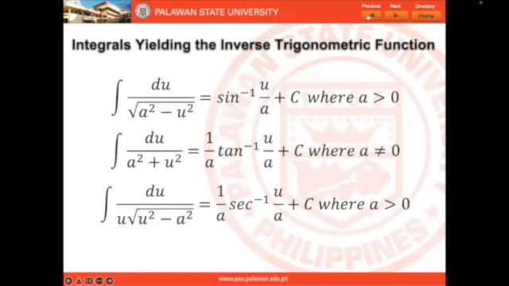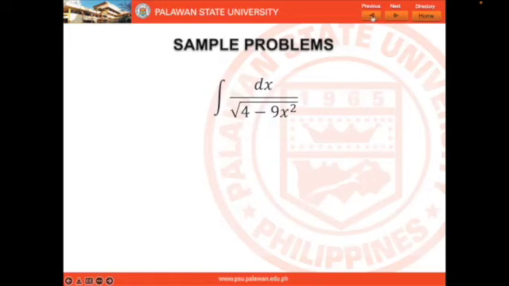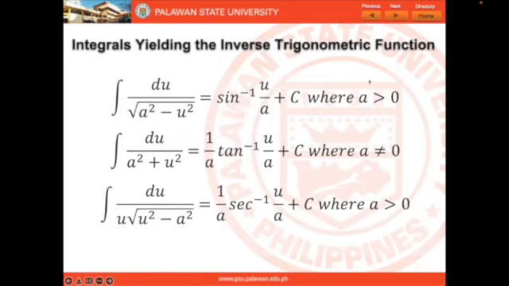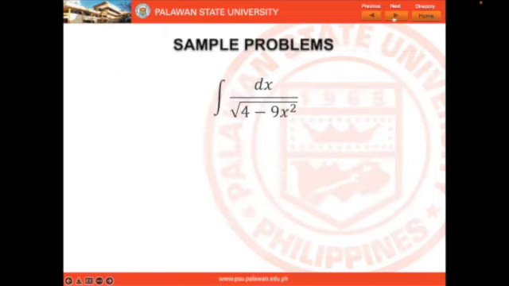We have a minus sign, so we will be looking to transform our problem into this one. So the answer should be arc sine of u over a. So let's go to our whiteboard.